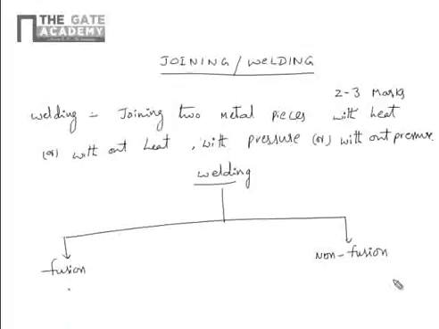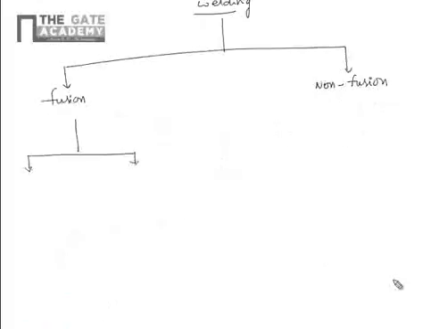So fusion welding is again divided into types. This is the major division: gas welding, arc welding, and thermite welding.